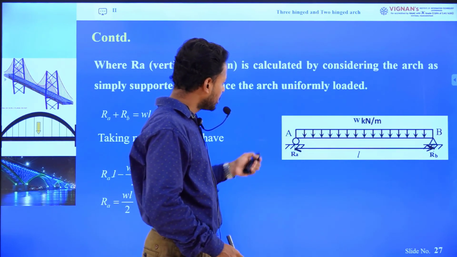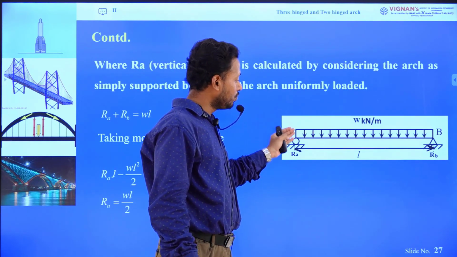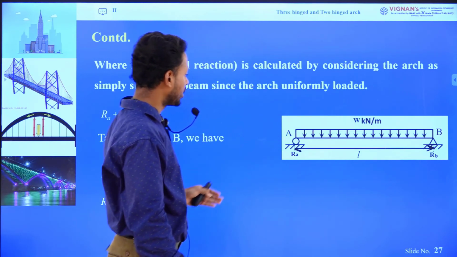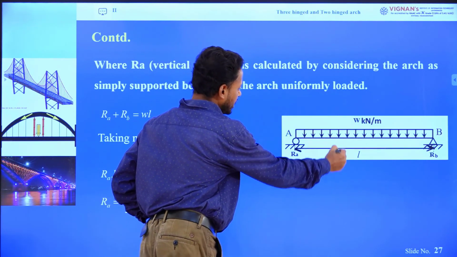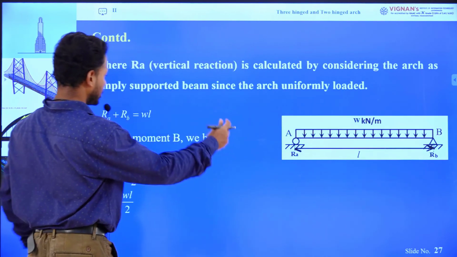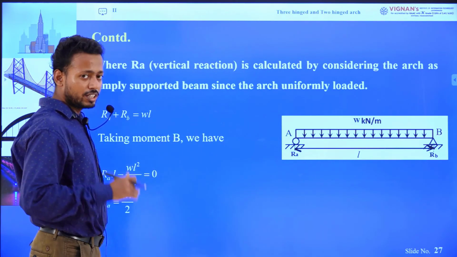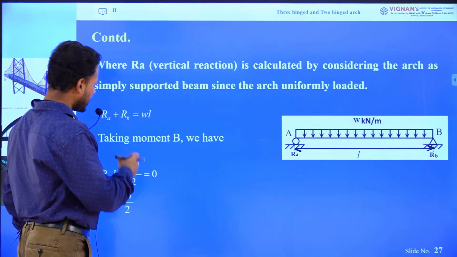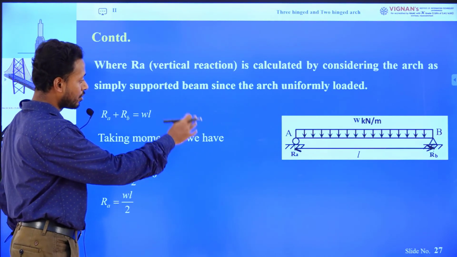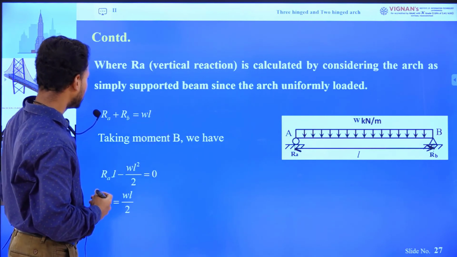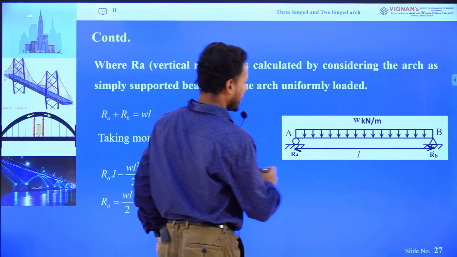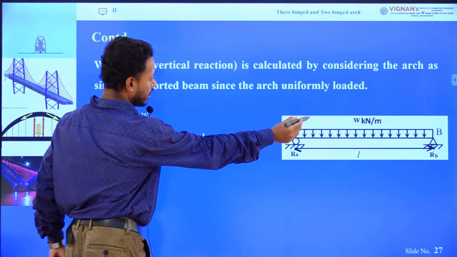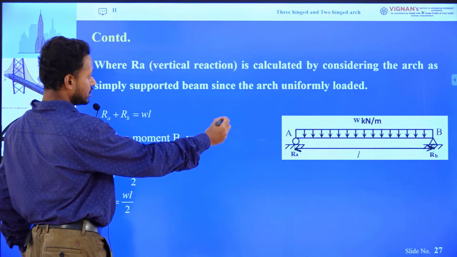So we have calculated the bending moment at any cross section of the arch structure. Now we will calculate the bending moment with the same span and same uniformly distributed load at any cross section X. So we know RA plus RB equals WL, and taking bending moment about B, we have RA into L minus the total load.